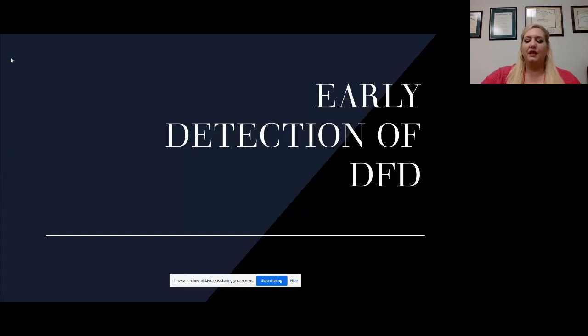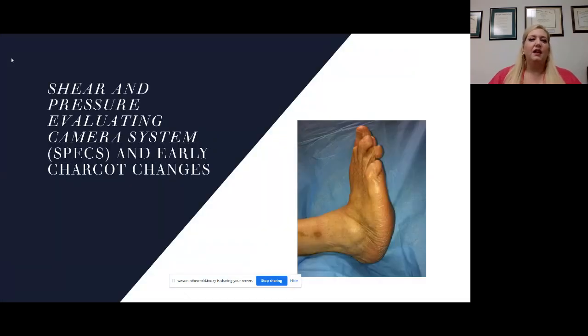So this is a study that we talked about, the early detection of diabetic foot disease. And what was developed by the biomechanical engineering students was this shear and pressure evaluating camera system, and they called it SPECS. And they were curious to see if they could pick up early Charcot changes.